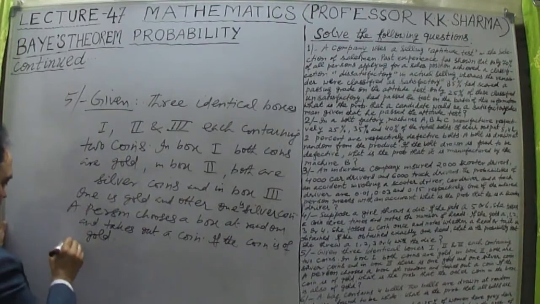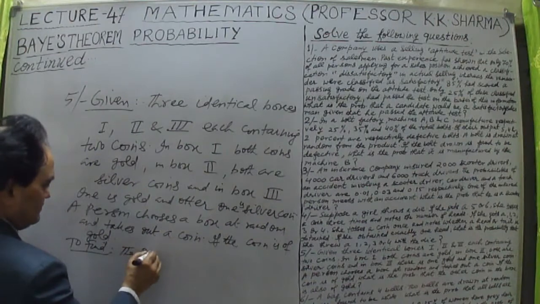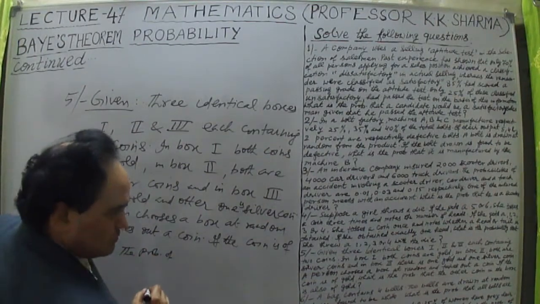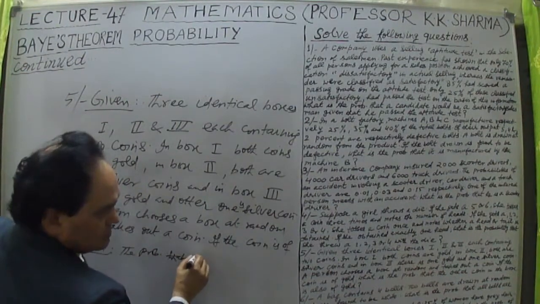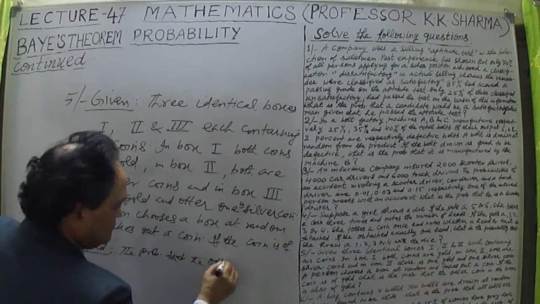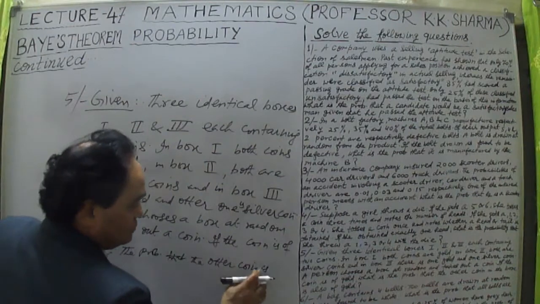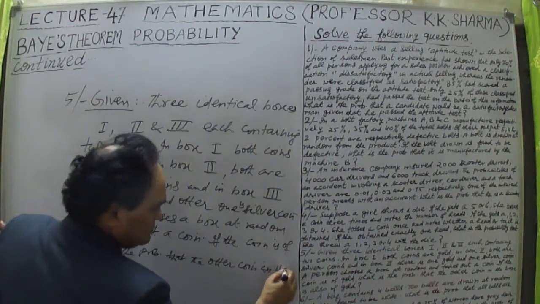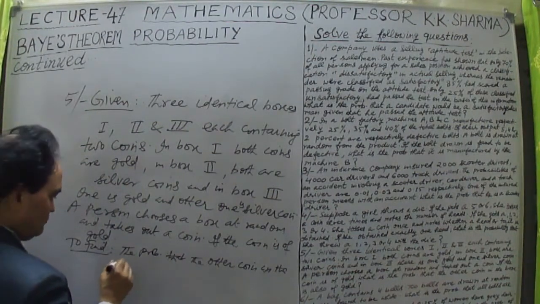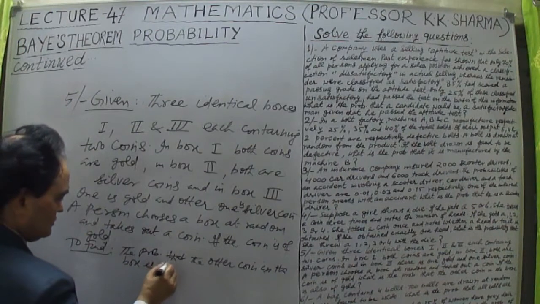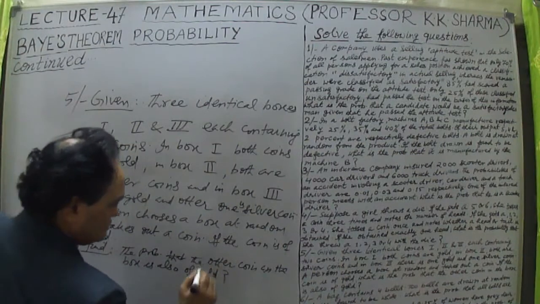Then we have to find the probability that the other coin in the box is also gold. Try to understand. This is the point here.